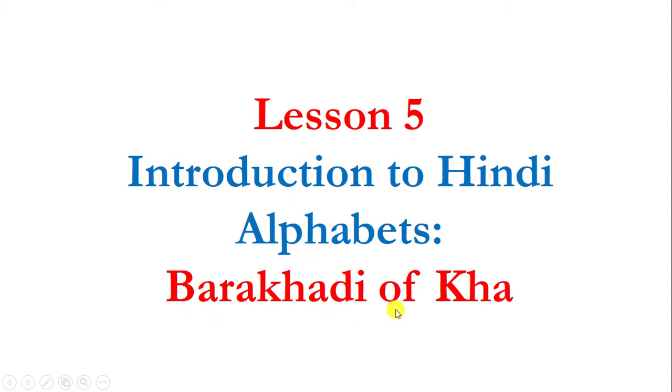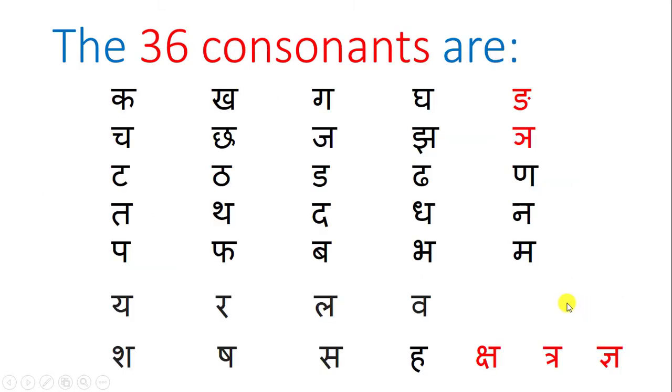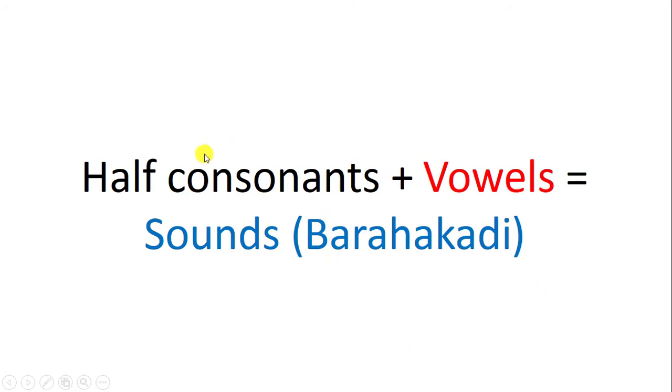In this lesson we will learn the Barah Kadi of Kh. We know that there are 12 vowels in Hindi: A, Aa, I, Ee, U, Oo, E, Ai, O, Au, Am and Aha. And we know about the consonants too, which we have seen in previous videos. We have learned the concept of half consonants joining with vowels to get the sound.